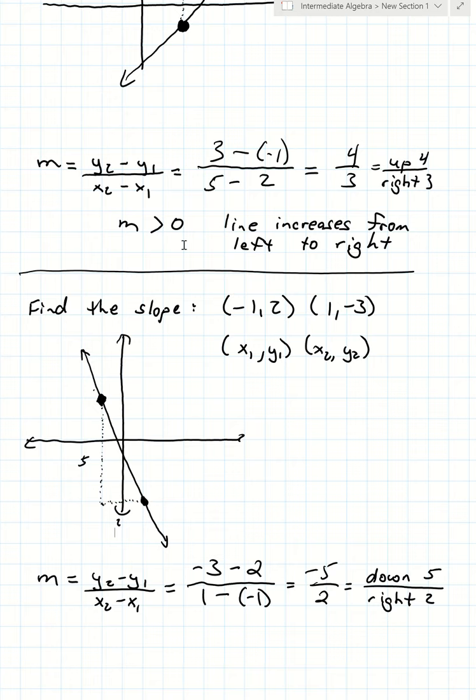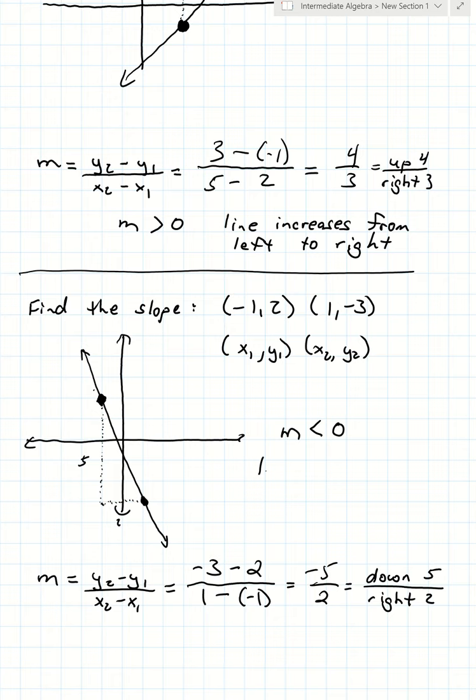Now, let's take a look here. Earlier we said if the slope is positive, the line increases from left to right. But now we noticed that we have a slope that is in fact negative. Okay, it's a negative 5/2. And what is that overall effect on the line?